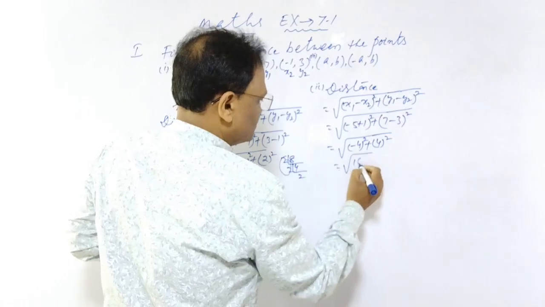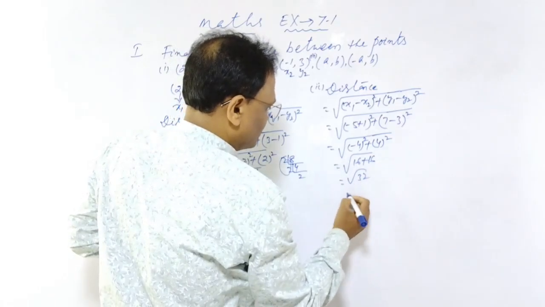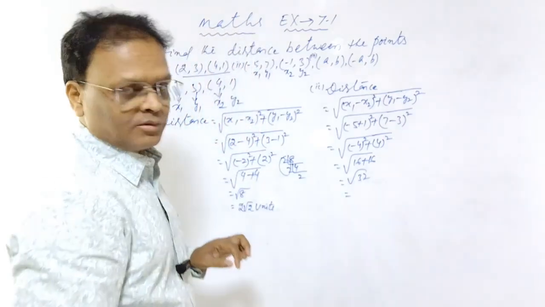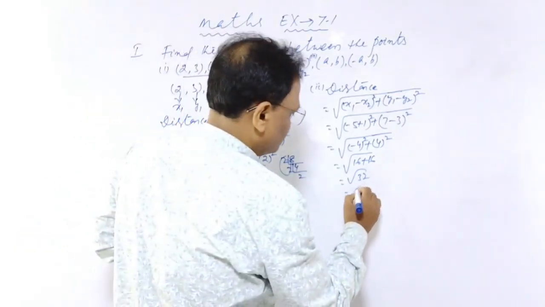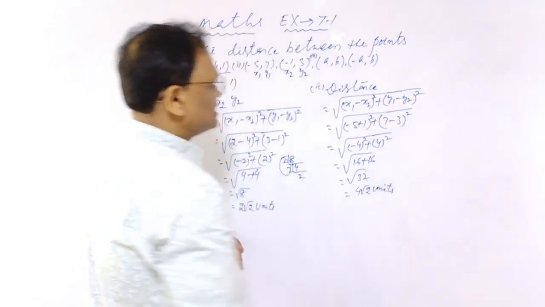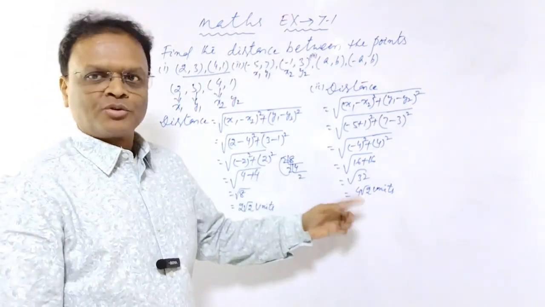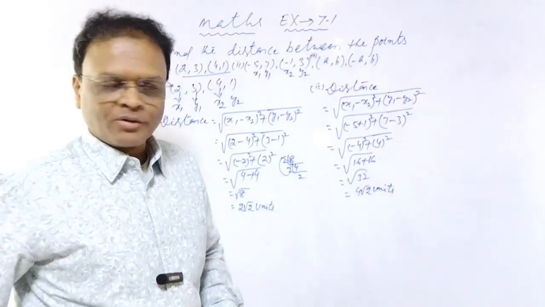So first one is 16, second also 16. That means root 32. But if you simplify root 32, you get 4 root 2 units. So the distance between these 2 points is 4 root 2. I hope you got it.